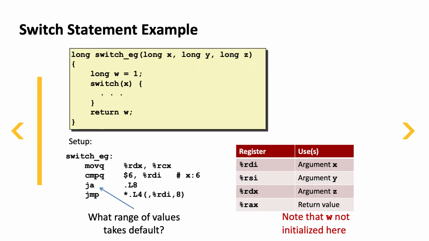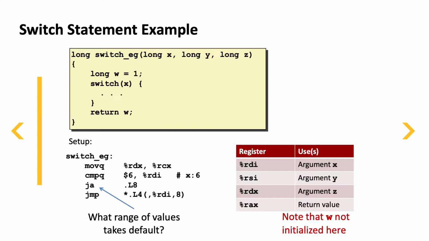So let's start translating this thing. Let's start taking that switch that we saw a couple slides ago and actually turn it into assembly. Now, the first thing we do is set things up. We'll have our registers with our standard uses, right? Our arguments go into RDI, RSI, RDX. Our return value will be coming out of RAX.